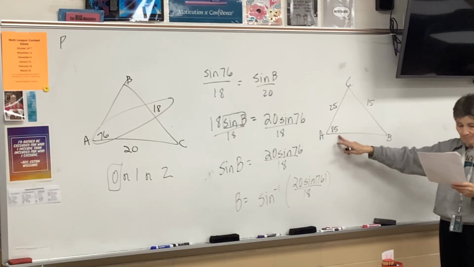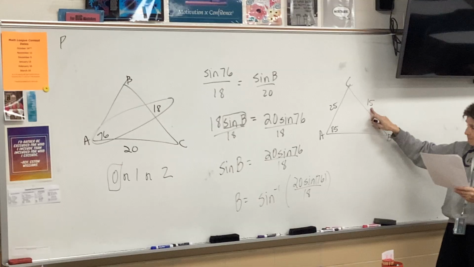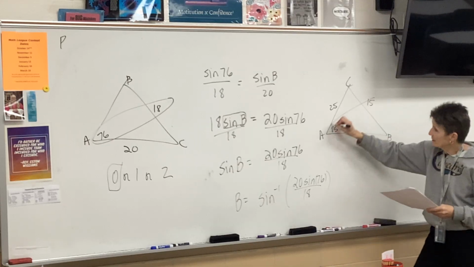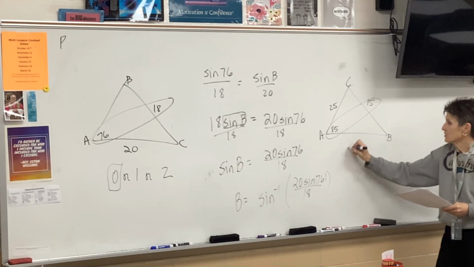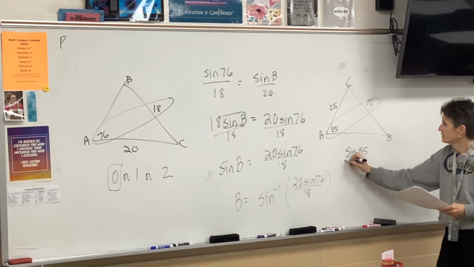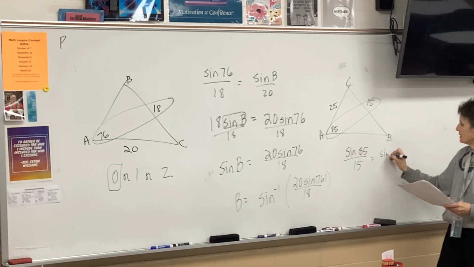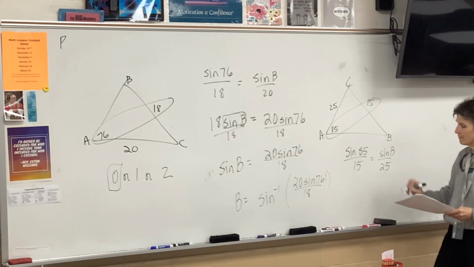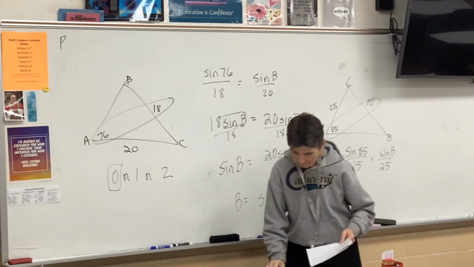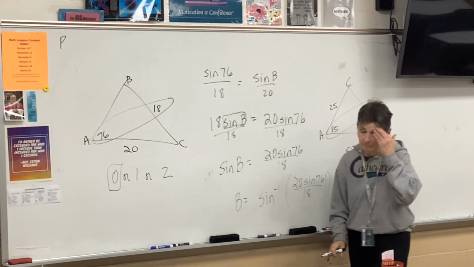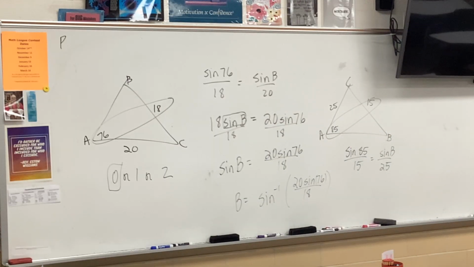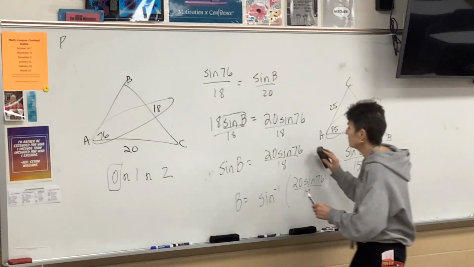So angle A, side A, angle B, side B. Right there's your match set. So sine 85 over 15 equals sine B over 25. All right, you know what to do. We have it set up.